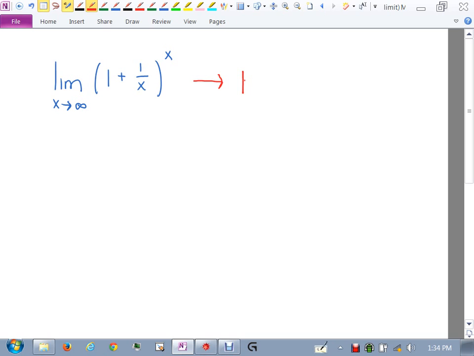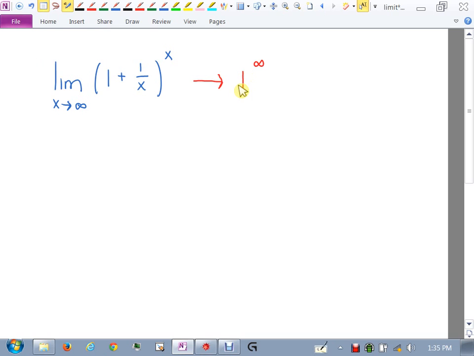It's not 1 though, right? Because I'm always adding this little tiny chunk to 1. So this is a number that's really close to 1, and then the exponent is headed where? Infinity. That's a problem. Because the number 1 raised to any power should just be 1. But raising something to an infinite power makes it get bigger, as long as the base is bigger than 1, which it is.